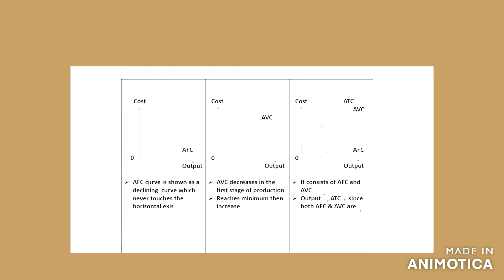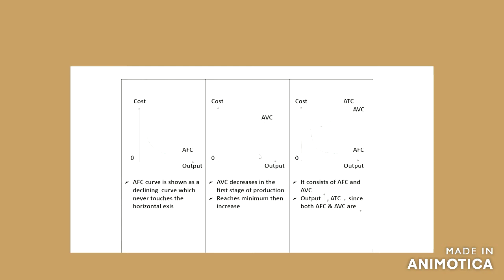So the AFC curve is shown as a declining curve which never touches the horizontal axis, because the total fixed cost never has a relationship with output, so it will not start at zero. So next is AVC. AVC decreases in the first stage of production, reaches the minimum, then will increase because it is with total variable cost.